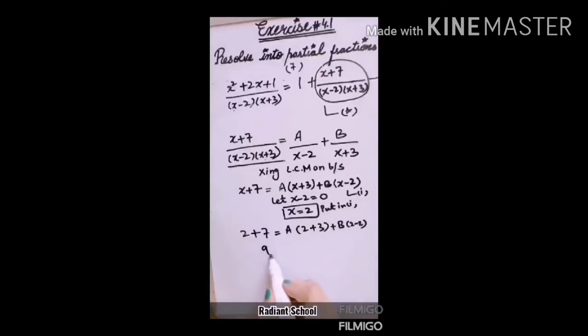Students, 7 plus 2 is 9, and 3 plus 2 is 5. Now you can see 2 minus 2 will be 0. 0 multiplied by any term will be 0, and 0 added to any term leaves the term itself, so there is no need to write this term. This vanishes. 9 equals 5 multiplied with A. 5 will divide on this side. The value of A is 9 by 5.